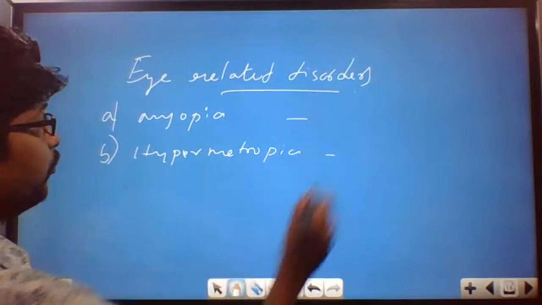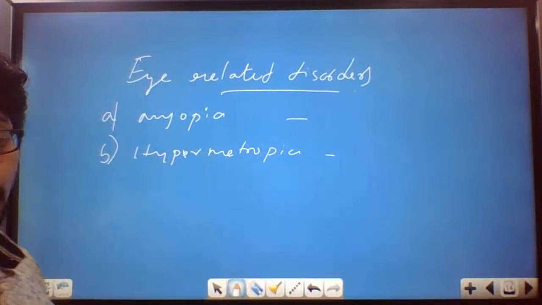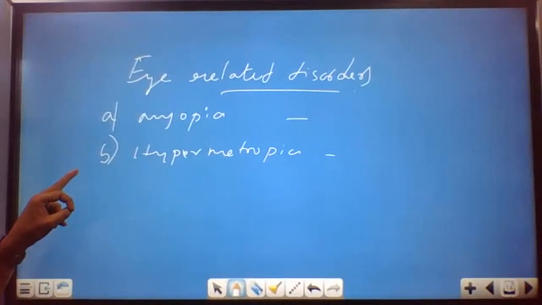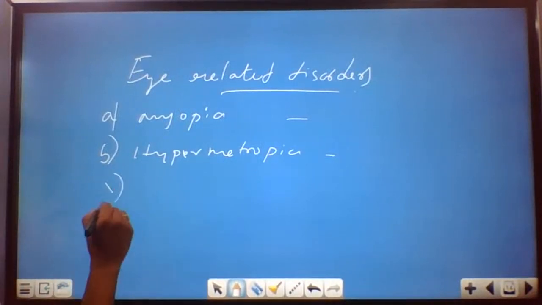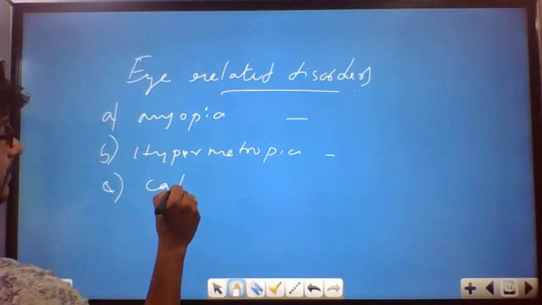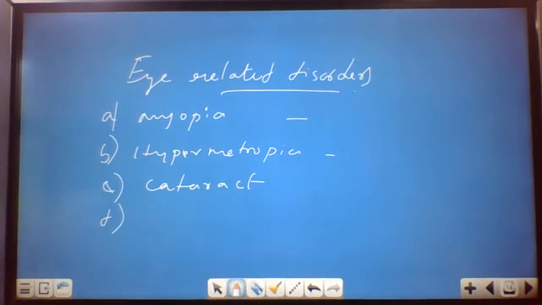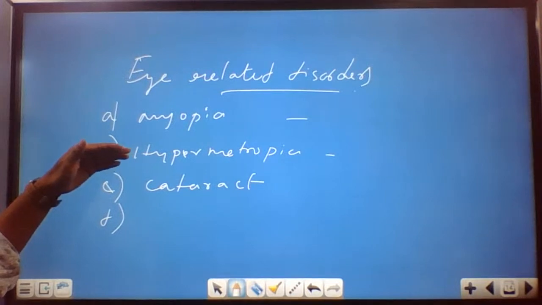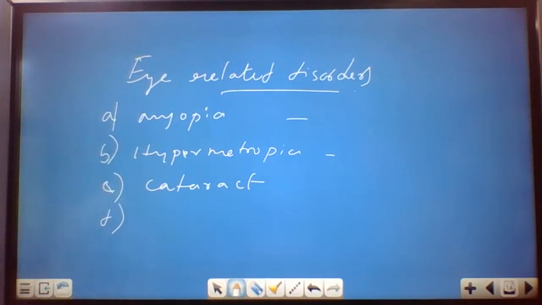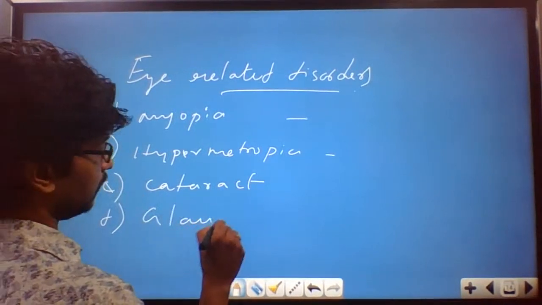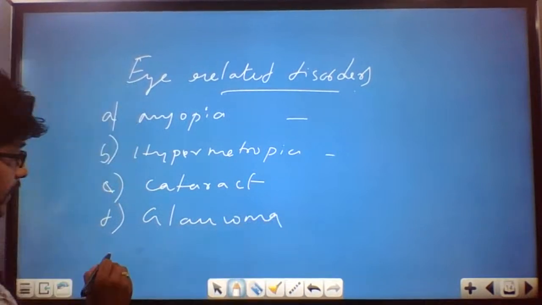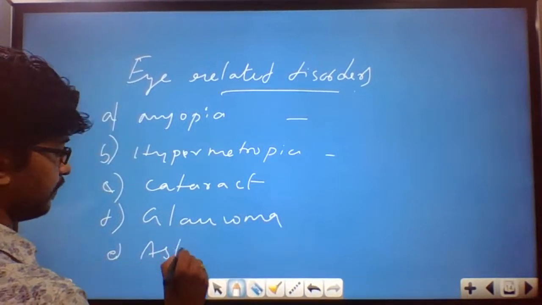What is the difference between myopia and hypermetropia? Then another common thing is called cataract. Myopia, hypermetropia, cataract. We have glaucoma. Then we have astigmatism.